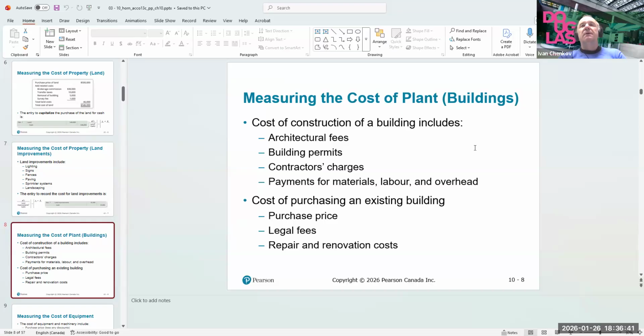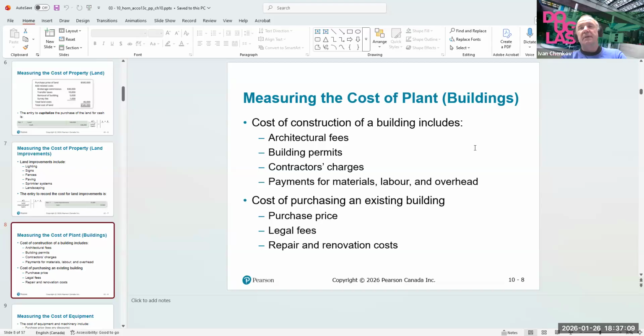For the buildings, we have two options. One option is to construct a building. The second option is to purchase the building. If we construct the building, we have to accumulate all the costs: the architectural fee, building permit, contractor charges, payment for materials, labor, overhead, everything, until the building is ready for the intended use.